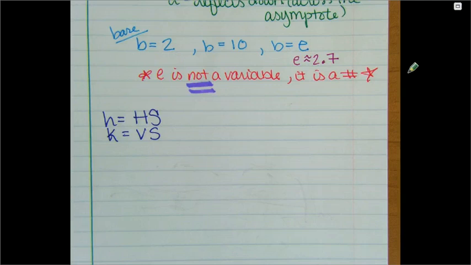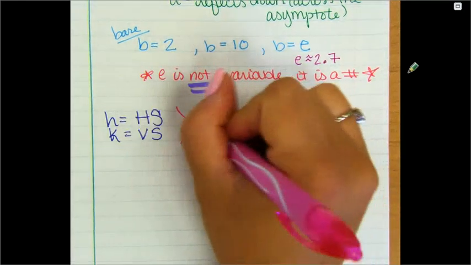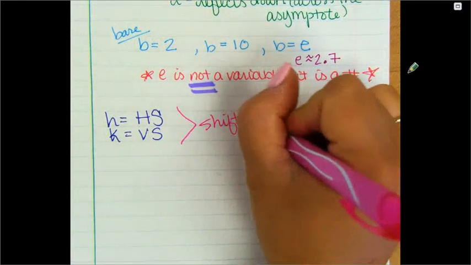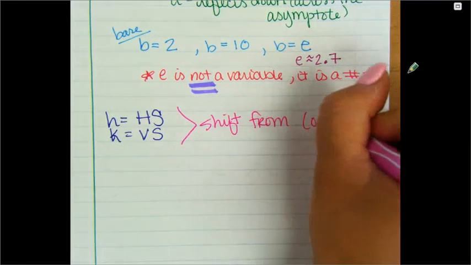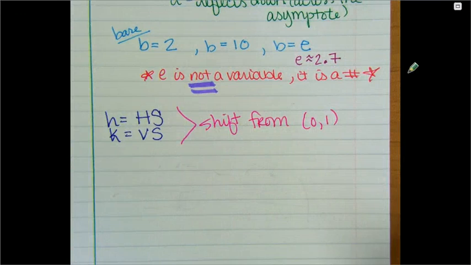What is that point? 0, 1. So our original starting point is 0, 1. So when we shift, we're not shifting from the origin, we're shifting from 0, 1. Do you understand that? So this is when you have to be careful. You shift from 0, 1. You are not shifting from the origin.